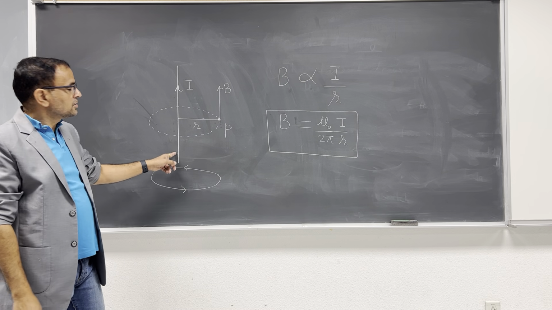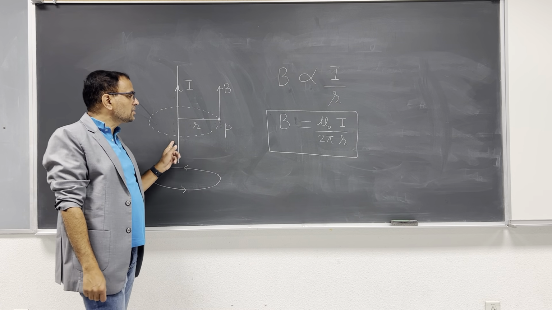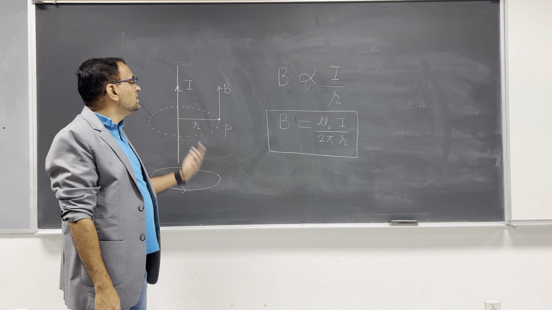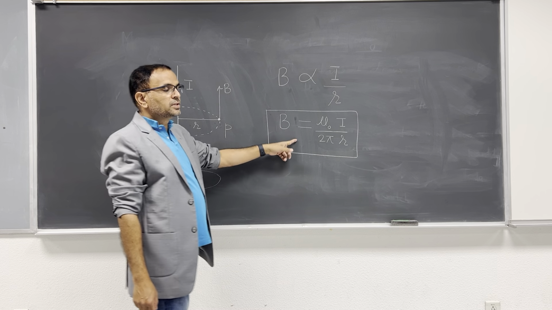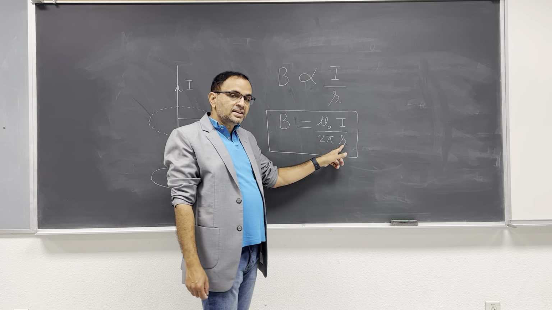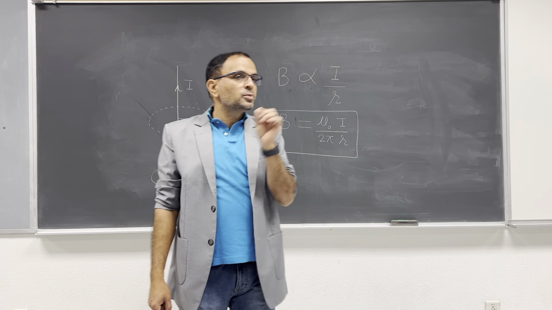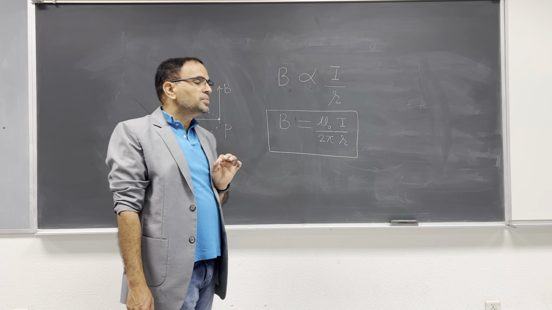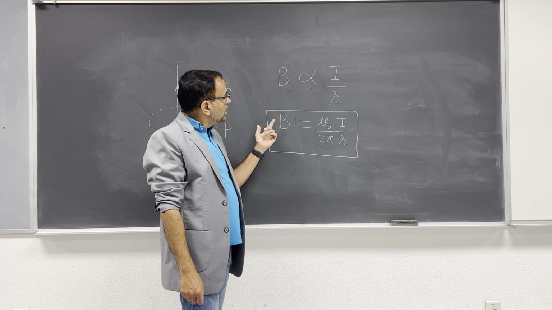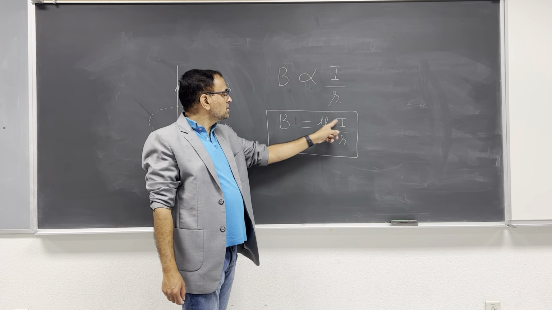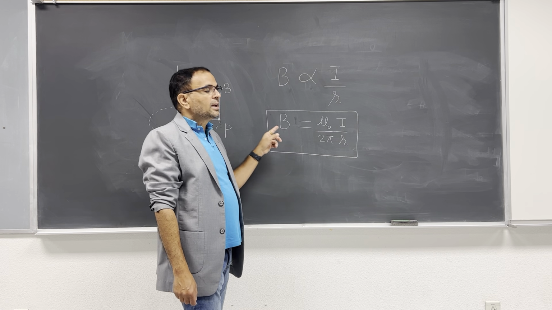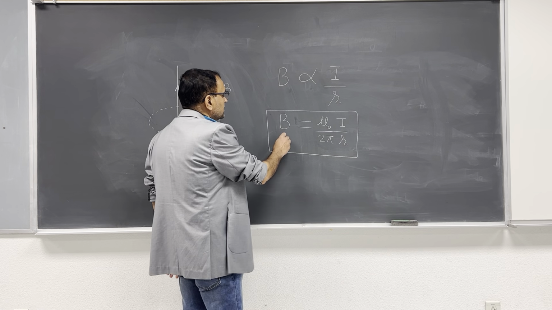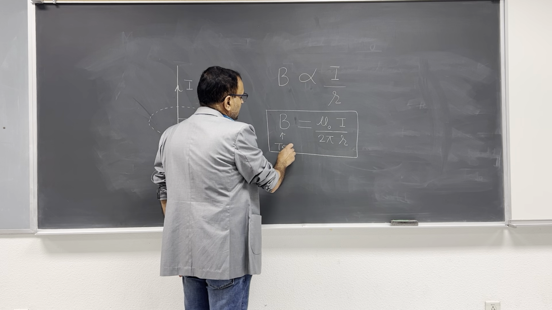This wire is a conductor, so I can say this is a current carrying conductor. If you want to calculate the magnetic field at any point, you can use this formula. Here r is the perpendicular distance of that point from the conductor, from the current, and of course I is the current in the conductor and B is the magnetic field. Again, the unit of magnetic field is the Tesla.